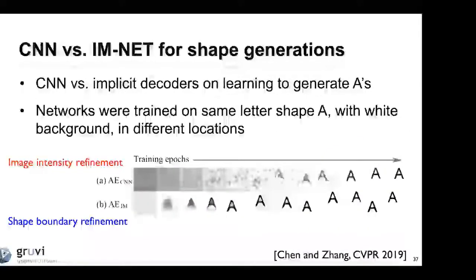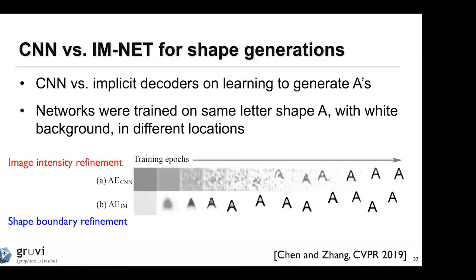So here is a very telling toy example to contrast the CNN-based decoding versus IM-NET, where IM stands for implicit. The task here is to learn to generate these letter A's, treated as a shape. That is, the letter A here is black and it's on a white background.